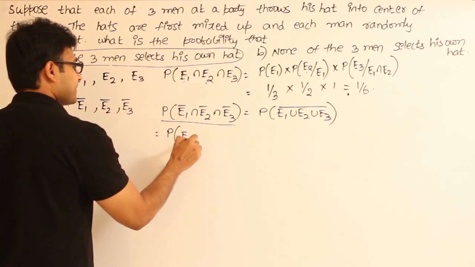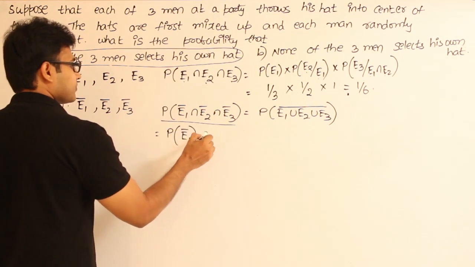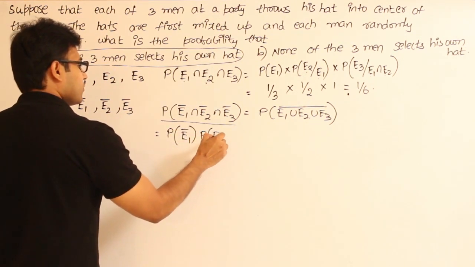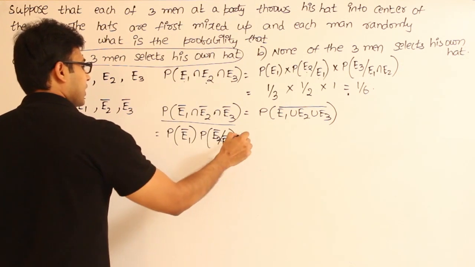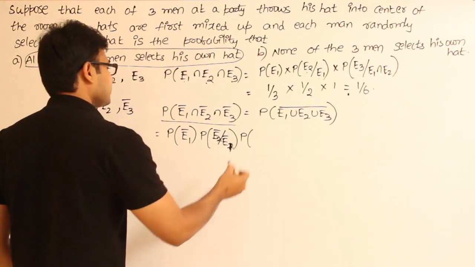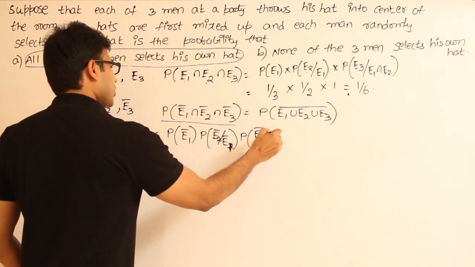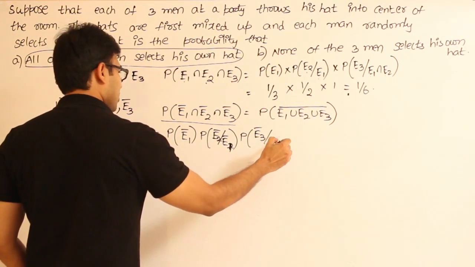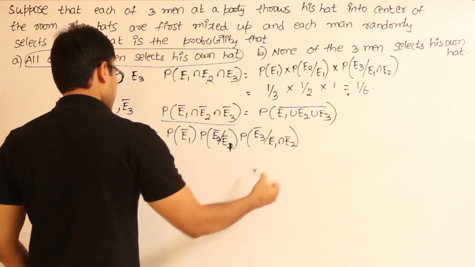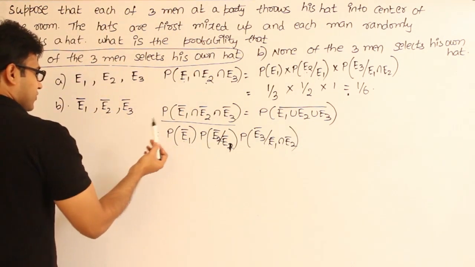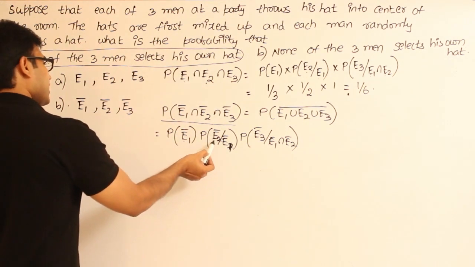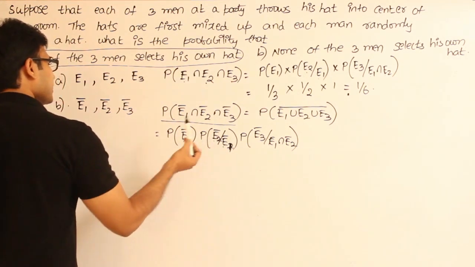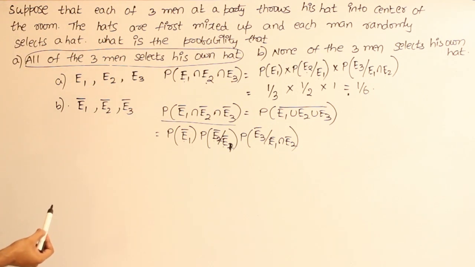P of E1 complement into P of E2 complement given E1 complement, and then P of E3 complement given E1 complement and E2 complement, which means the probability that the first one does not pick the right hat, and then the probability that the second one does not pick the right hat given that the first one has not picked the right hat, right?